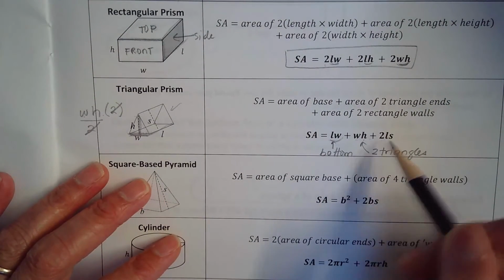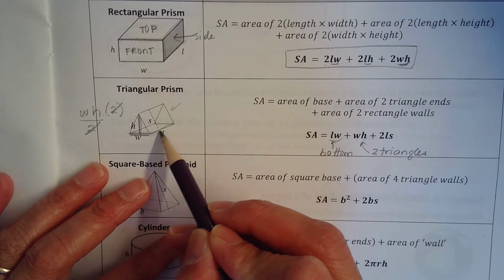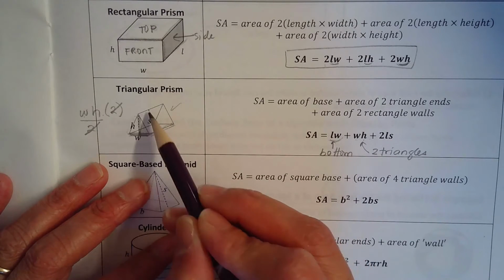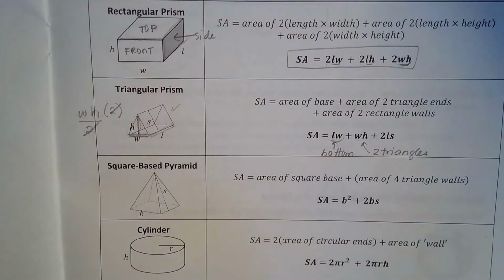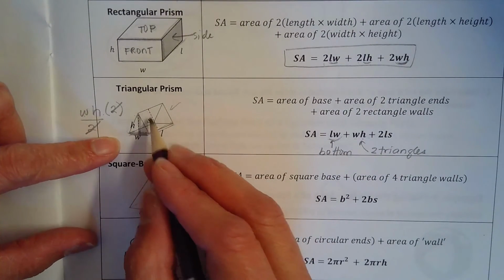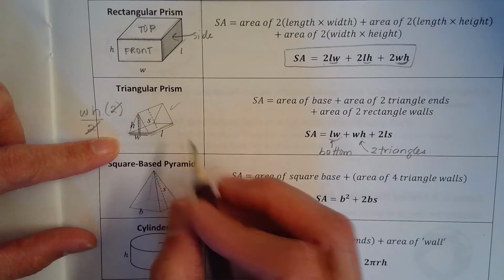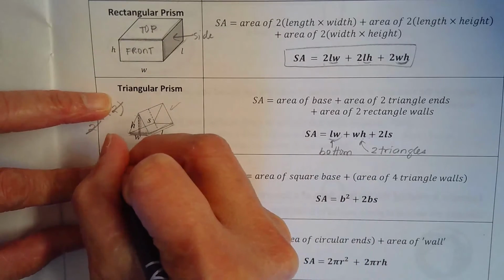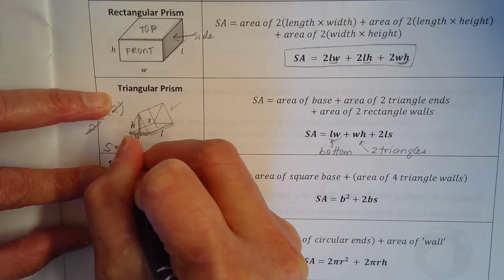And then the other one, L times S. What's the S? S represents the slant length.